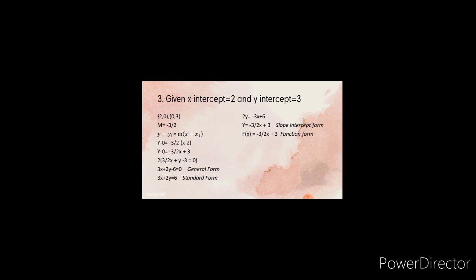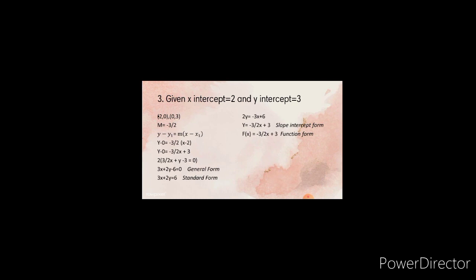So, substitute the given values: y minus 0 equals negative 3 halves, the slope, times x minus 2. Then distribute the negative 3 halves to x minus 2. So negative 3 halves times x is negative 3 halves x, and negative 3 halves times negative 2 is plus 3.